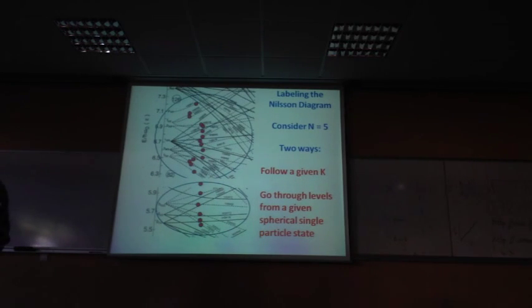You need a coffee break, I think. Okay, so we started off talking about the N equals 5 oscillator shell. So the first quantum number in the brackets is always going to be 5 for these orbits. The lowest energy orbit will be k equals a half. So it'll be going around the nucleus this way, and it will have the largest value of n sub z, the most extension in the z direction.